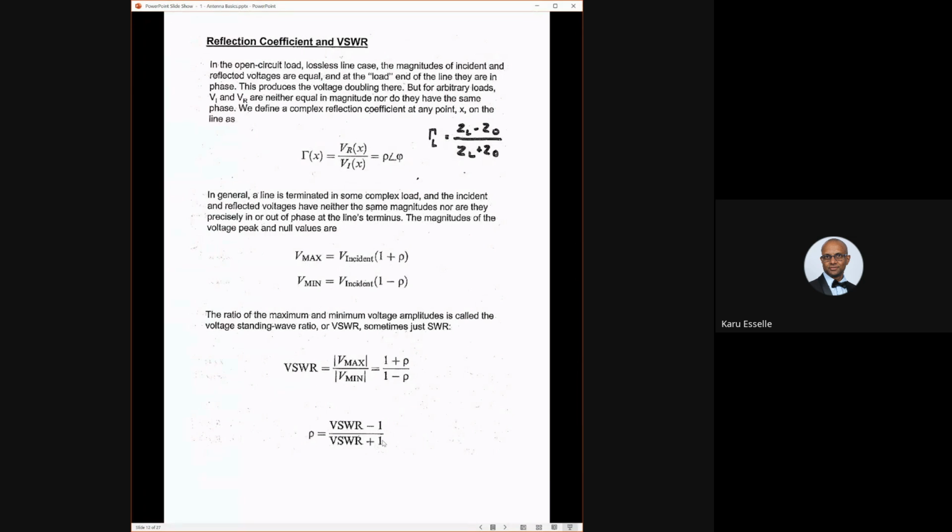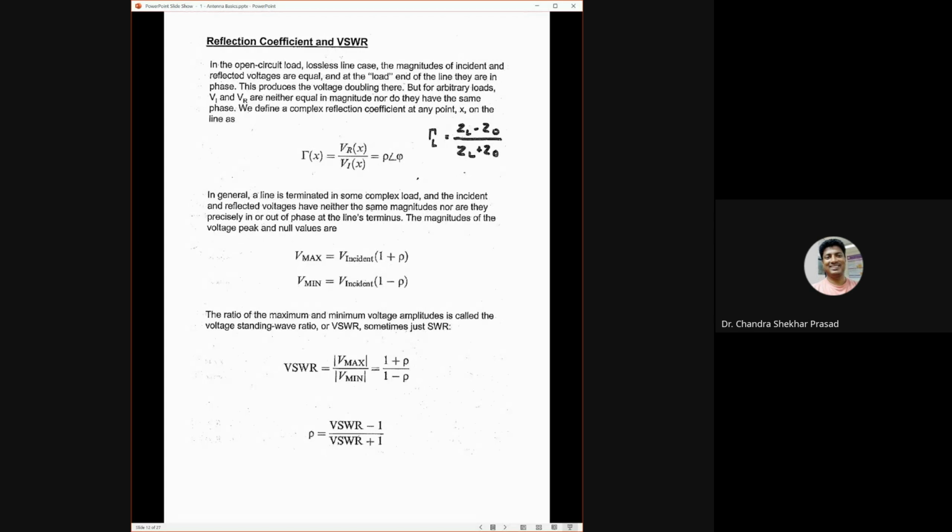When I was doing my undergraduate RF courses, we had an experiment called slotted line, and we were actually measuring the voltage standing wave ratio. We were measuring the voltage along a slotted transmission line. Do you do it in your labs these days?